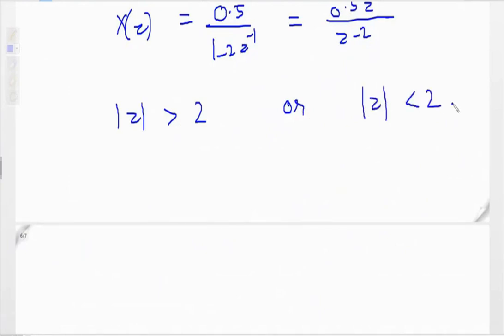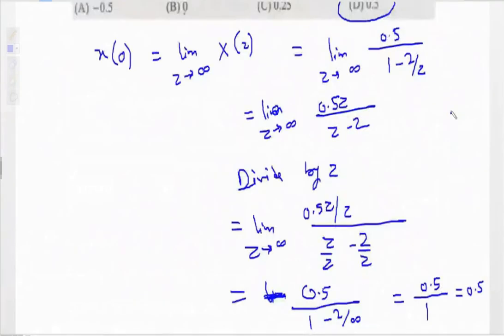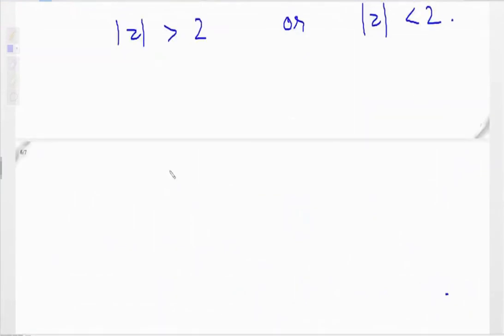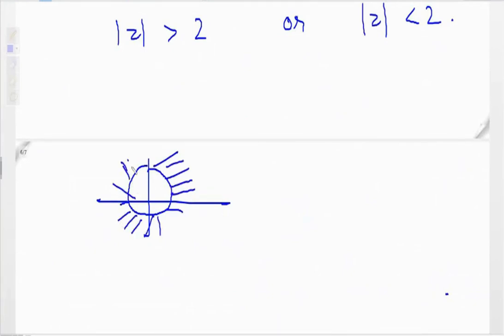Now, see here in the question, they have mentioned something. First of all, magnitude z greater than 2 means we have a circle of radius 2, and z greater than 2 means outside. Or the ROC can be magnitude z less than 2, which means we have a circle of radius 2 and the ROC is the inside.